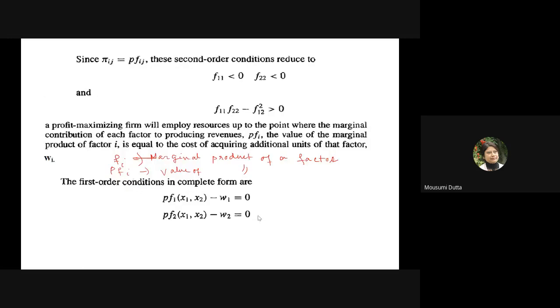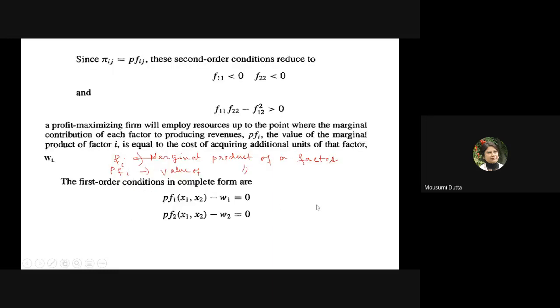Now, we can substitute these x1 star and x2 star, that is the equilibrium values, in the first order conditions and rewrite the first order conditions, which are on this page. Instead of x1 and x2, we are bringing in the particular values of x1 and x2, which we get by solving the two equations. So P f1 of x1 star, which is a function of w1, w2, and p, and x2 star, a function of w1, w2, and p.